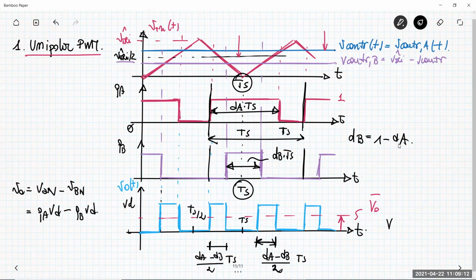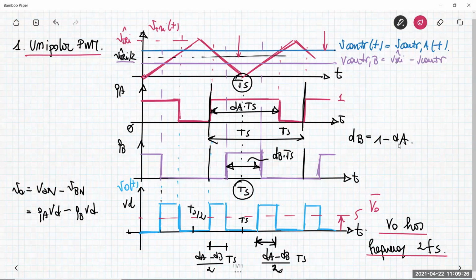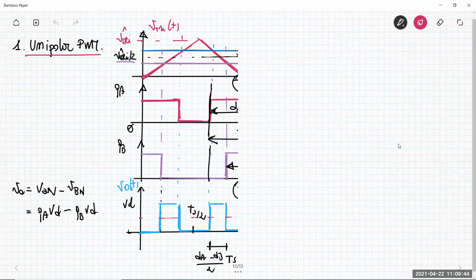So V naught has a frequency which is 2 times Fs. Is it important? Is it not important? Of course, think about the output spectrum of the voltage V naught.